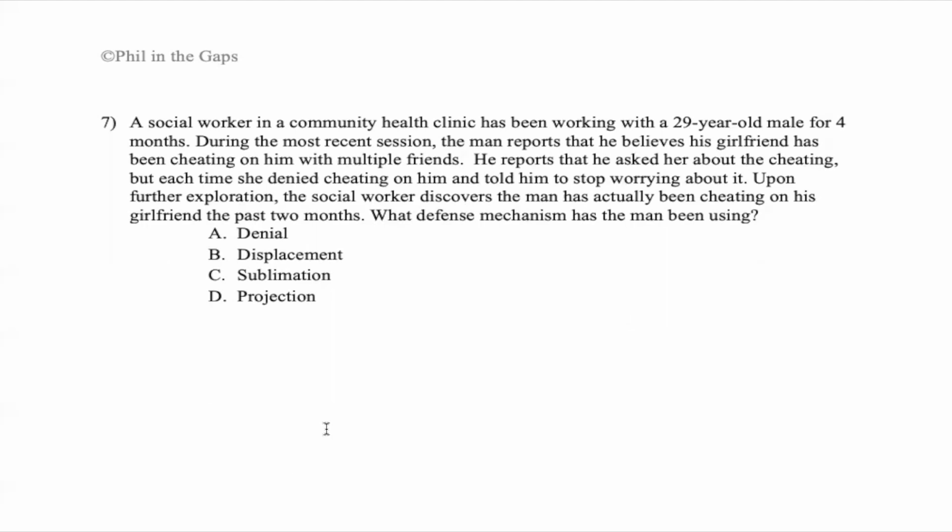Upon further exploration, the social worker discovers the man has actually been cheating on his girlfriend for the past 2 months. What defense mechanism has the man been using? A, denial, B, displacement, C, sublimation, or D, projection. When you have your answer, type the word blessed in the chat.